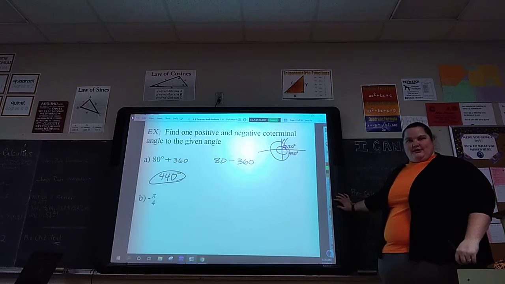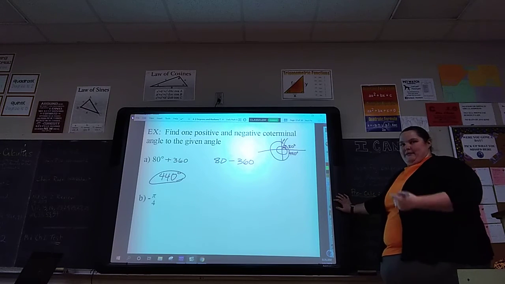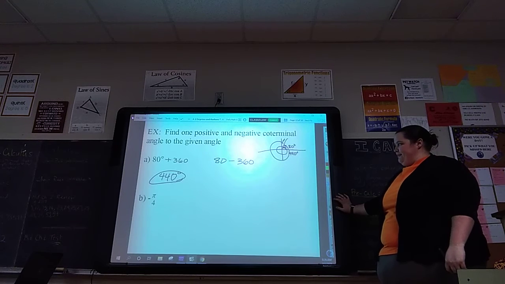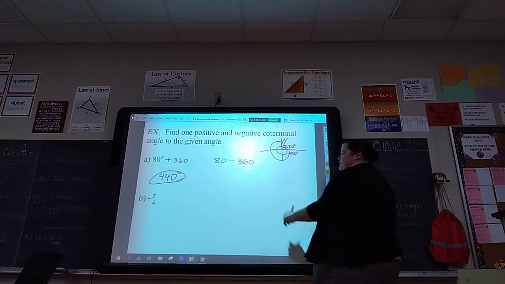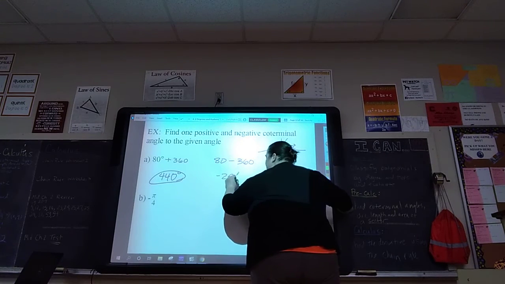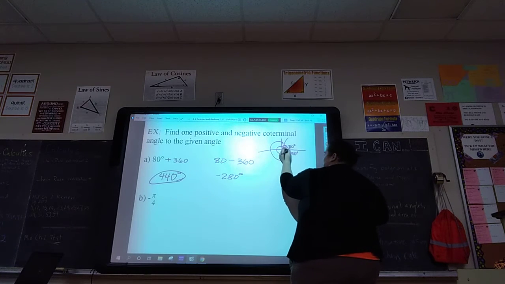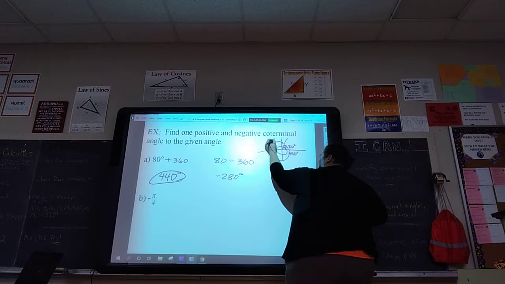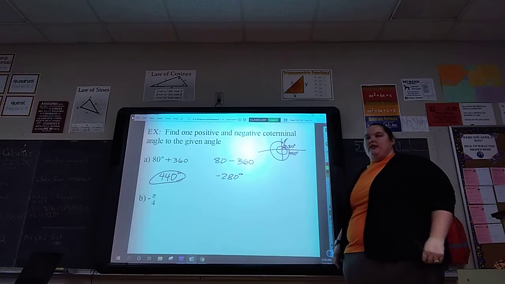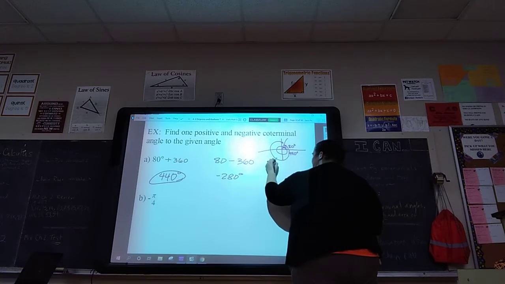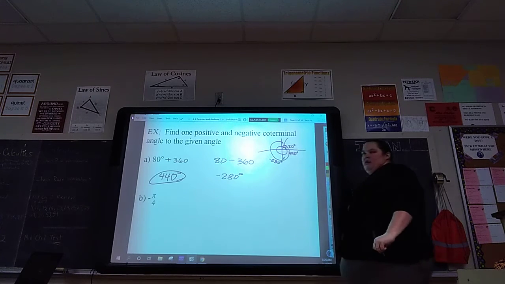So we're going to take 80 minus 360, which is what? 280. Yep. Negative 280. Okay? So the negative 280 is this rotation, starting from the initial side, rotating clockwise now up to that 80-degree original angle.